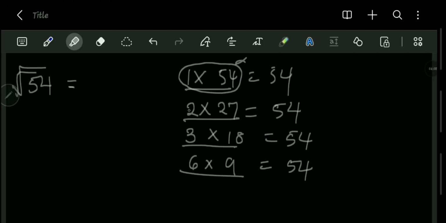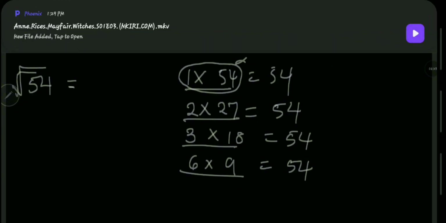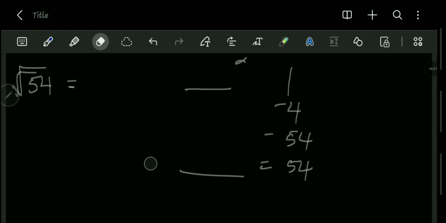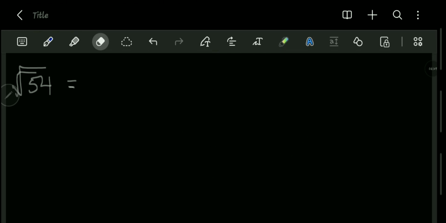This is not a perfect square, this is not a perfect square, this is not a perfect square, this is not a perfect square, this is not a perfect square, and this is a perfect square. Are you seeing that now? So that means I'm going to use this one here. Do you understand? So applying that here, I'm going to use 6 times 9.